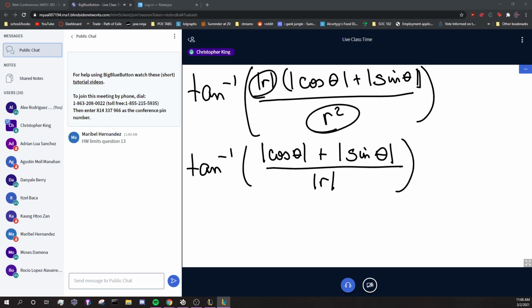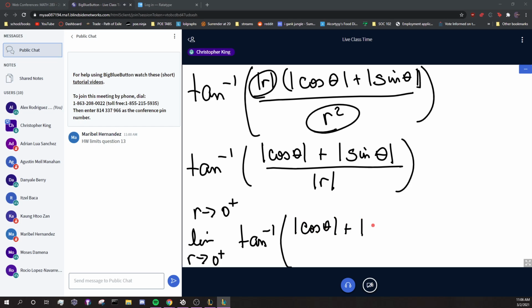Now, what we're going to do is look at the limit in two forms. The first form is as r approaches 0 from the right. So we look at the limit as r approaches 0 from the right of the tangent inverse of the absolute value of cosine of theta plus the absolute value of sine of theta over the absolute value of r.